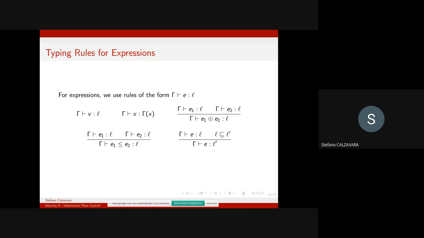Think about the following case. I have a pin, and the pin is confidential, and I want to add the number 10 to the pin. Am I forced to reject this program?